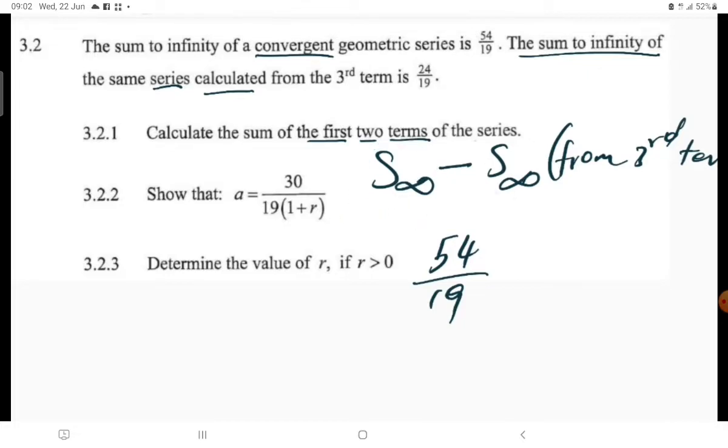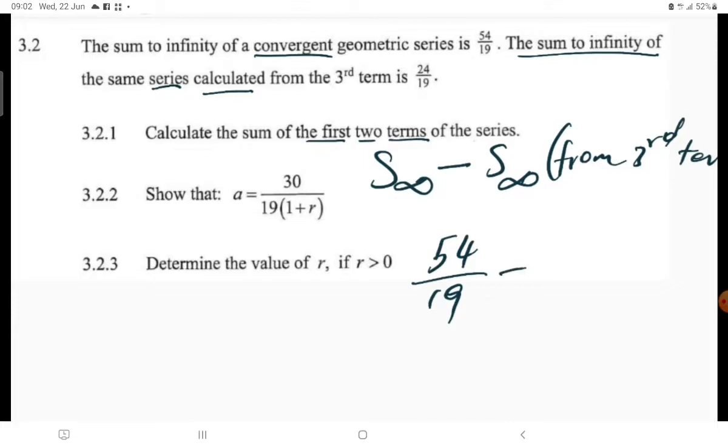Then subtract term 3 plus term 4 plus term 5 plus term 6 plus term 7 up to infinity to get the sum of the first two terms, because now we are subtracting the sum to infinity of the same series calculated from the third term.